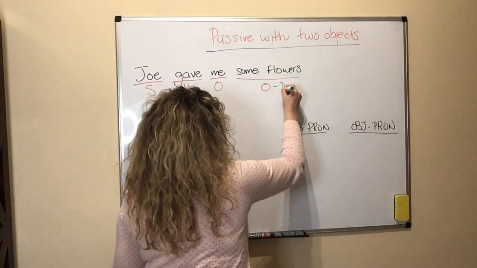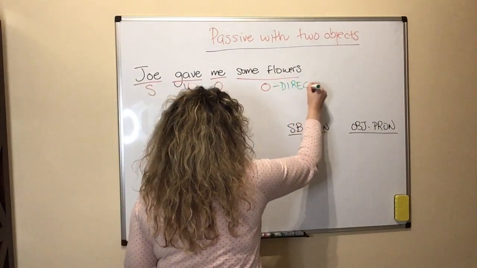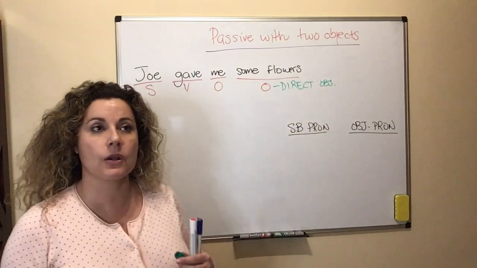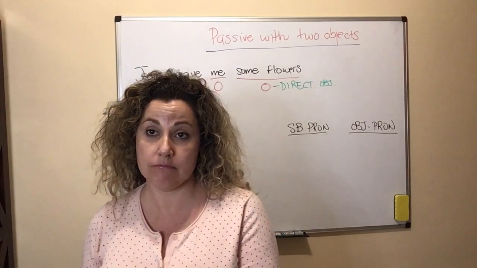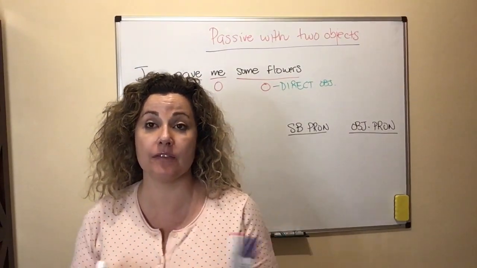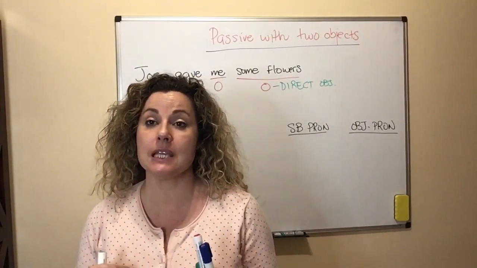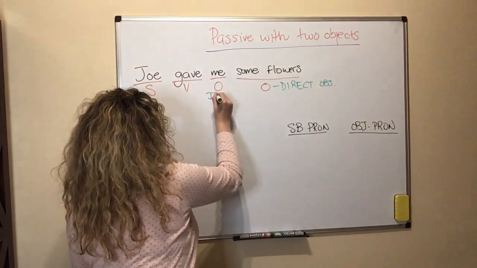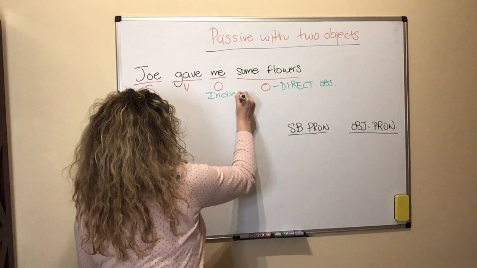So this is the direct object. Whereas the question to whom did Joe give the flowers? To me. So me is the indirect object. Okay.